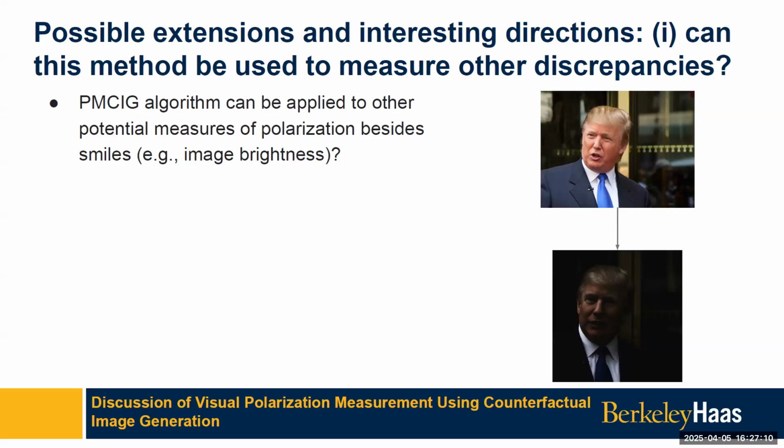I think it's a pretty good, well-justified summary statistic of what valence the politician is covered with, but there's presumably much more that goes into how polarized an image is. So for instance, you can think about looking at image brightness. This is taking that same image of Trump and just making it really dark. And I think we could all agree that this bottom image has a much more ominous, dark tone to it than even this top image, which is not very flattering.